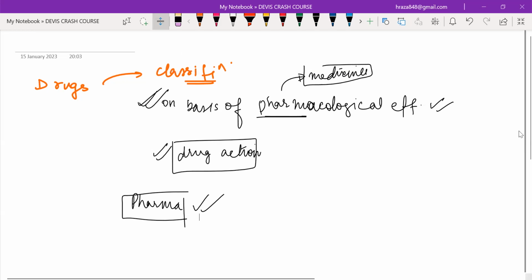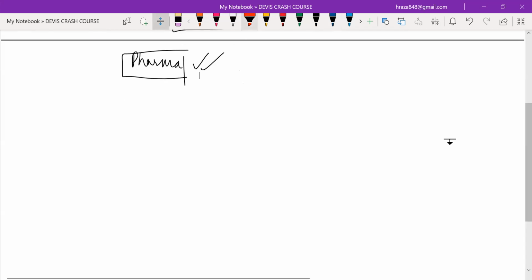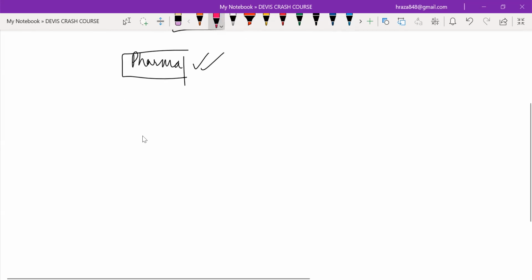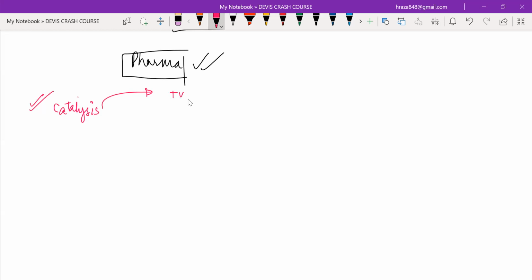Do you know what a catalyst is? It increases the rate of reaction. In surface chemistry, you have seen there is a positive catalyst and a negative catalyst, right? Positive catalyst increases the rate, and the other decreases it according to our requirement.